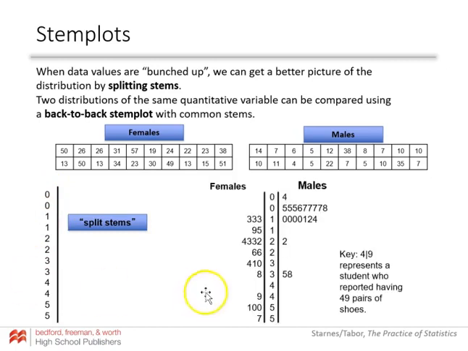So we put our split stems down the middle, and then the female numbers would go on the left and the male numbers would go on the right. Okay, we still have our key. All right, and so what this does is allows us to see kind of comparison between the two. Like there's a lot of male numbers in the lower region, whereas the females are more spread out and have a lot higher numbers of pairs of shoes.